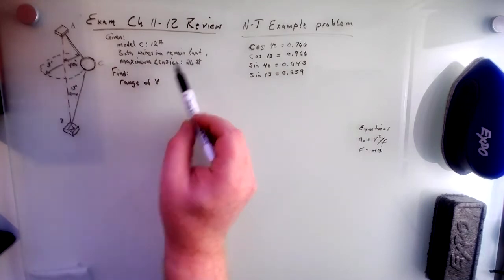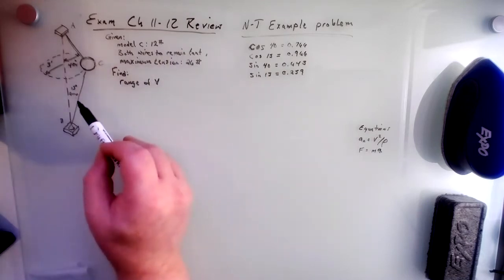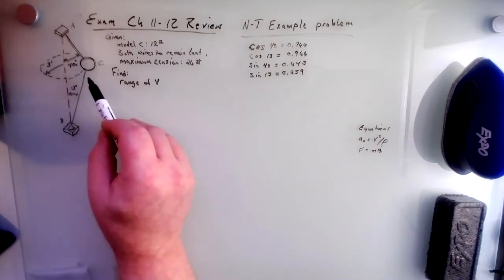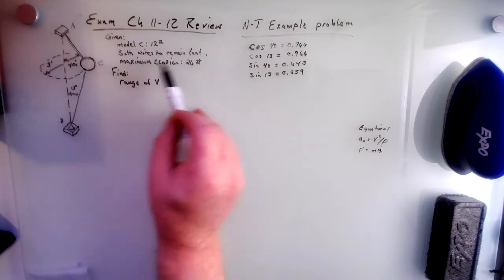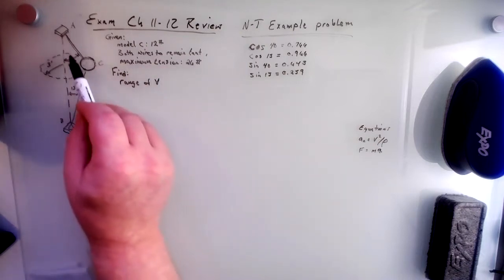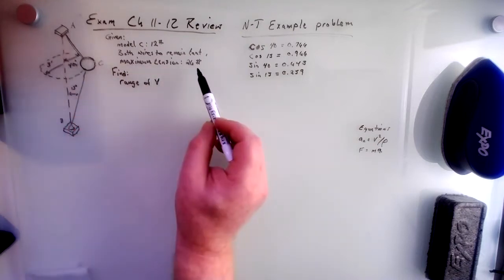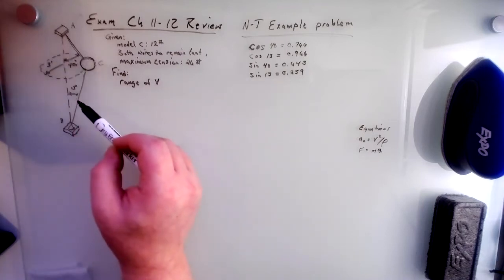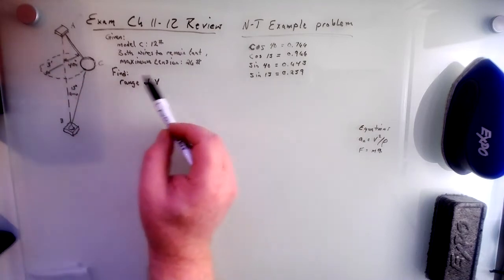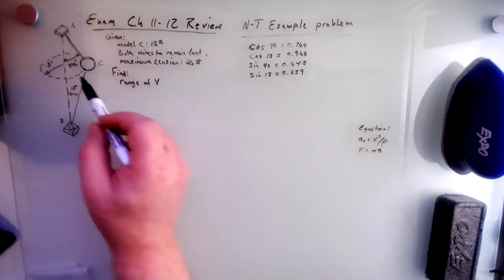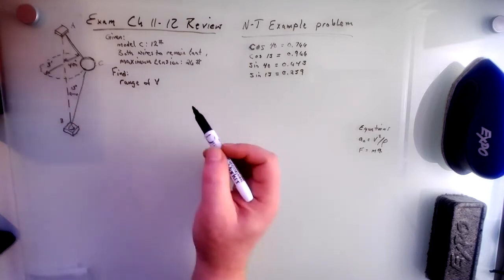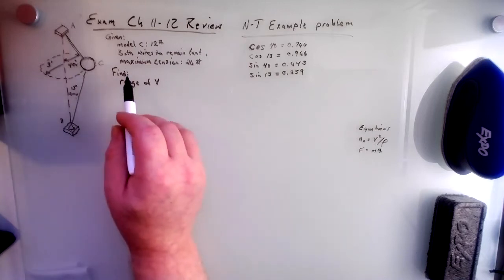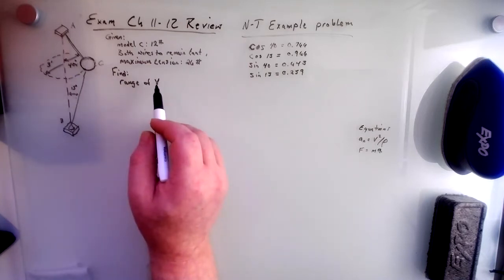Remaining taut means that at the low end, TB will be 0, and at the other end, the maximum, AC will be 26, and we'll see. I think intuitively we can recognize that AC is going to be greater than BC, but we'll see that in the analysis. We are asked to find the range of values for V.